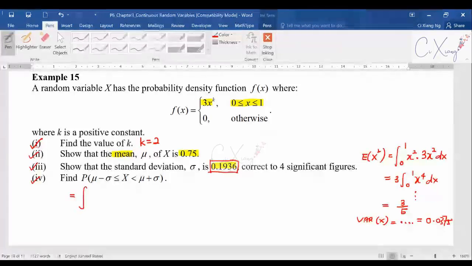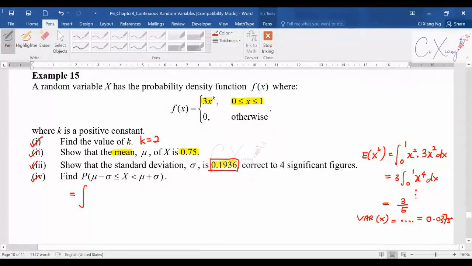For the integration here, because they already give you these two values, although maybe your value for standard deviation is very long, in this particular question they already tell you that sigma is 0.1936, therefore you can use the short value here. So you have 0.75 minus 0.1936, and then 0.75 plus 0.1936, and then from the integral of 3x squared dx.